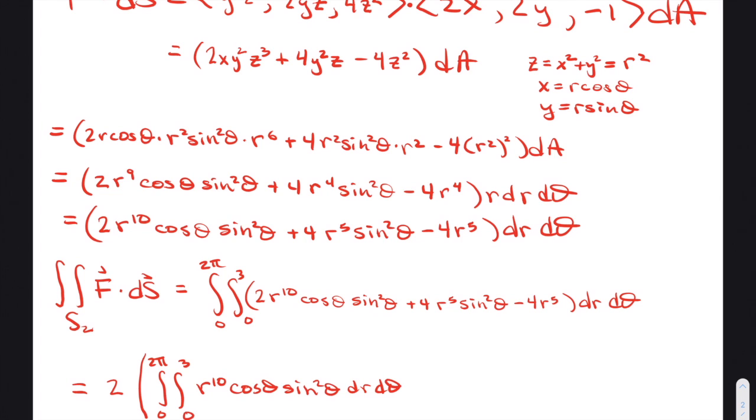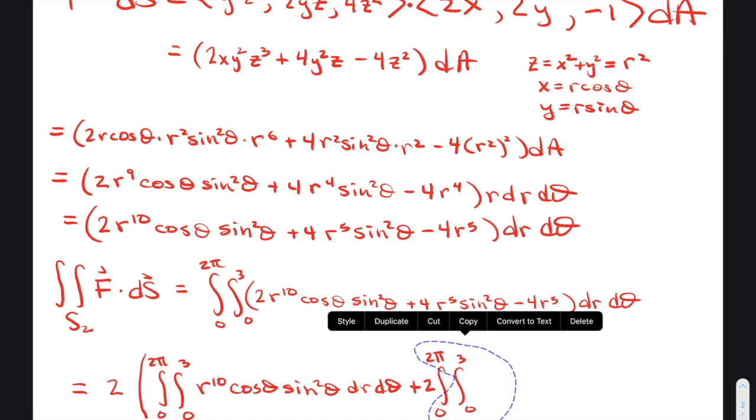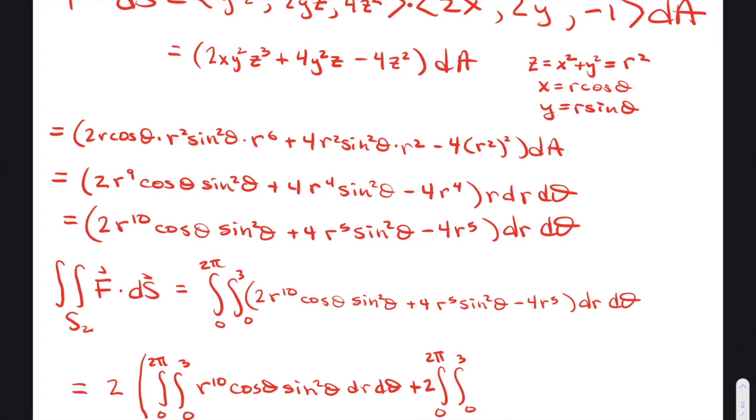Factoring that 2 out, the next double integral with the same limits would have a 2 out front because I factored the other bit out. Let me give a little space to myself there. So you're going to have that r to the 5th sine squared theta.